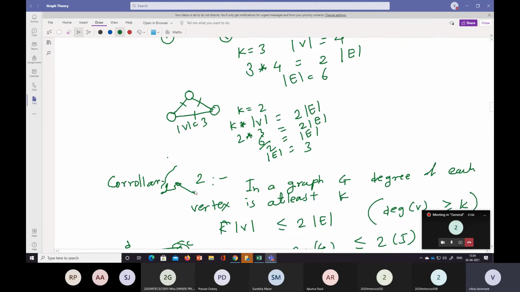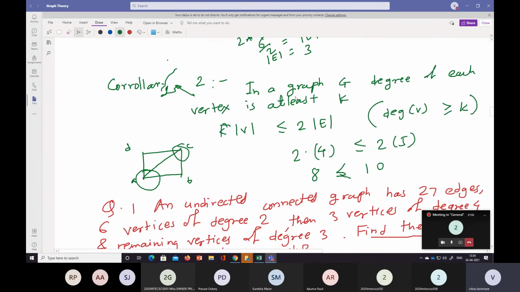Then corollary 2: in a graph G, the degree of each vertex is at least k. Okay. So k into number of vertices is less than or equal to 2 into e. So any graph is there.